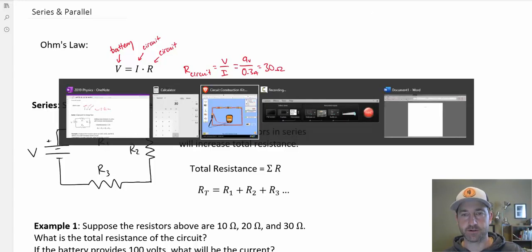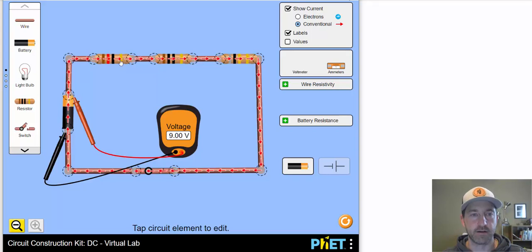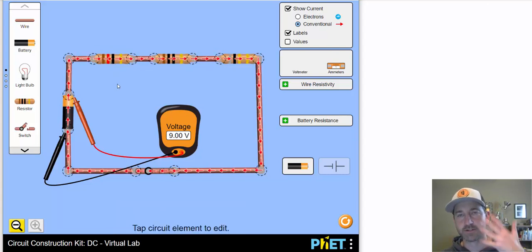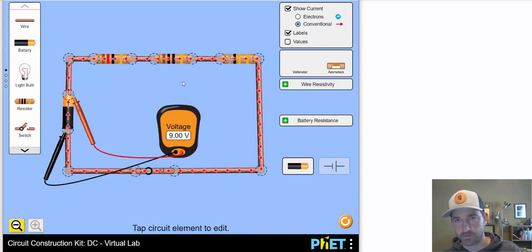Well, what were my resistors? I have a 12, a 10, and an 8. Well, 8 and 10 makes 18, plus 12 makes 30. So the resistance in my circuit, the total resistance, is just all 3 resistors added up.